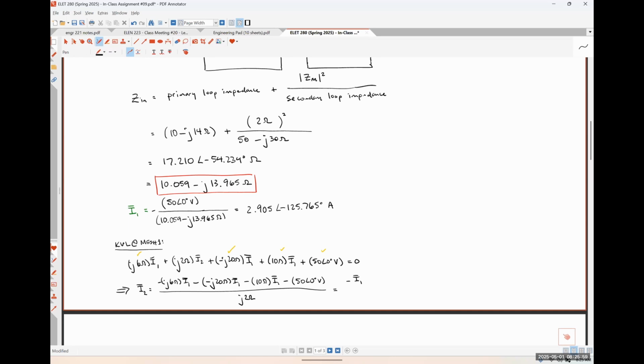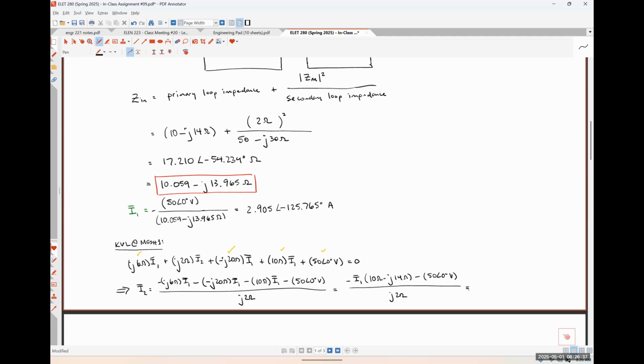I'm just going to add these guys together. So J6 plus minus J20 is going to be minus J14. And then I've got my 10 ohms. So I'm going to do 10 minus J14. For what it's worth, that's literally just my primary loop impedance, minus 50 angle 0 degrees volts, divided by J2 ohms.